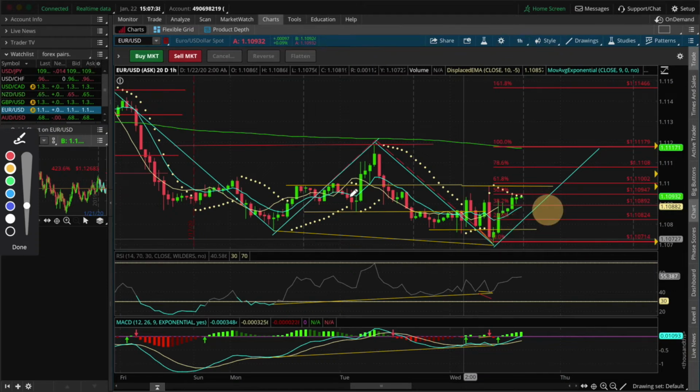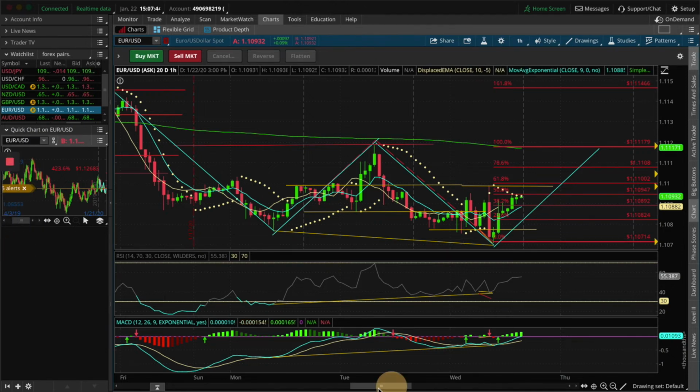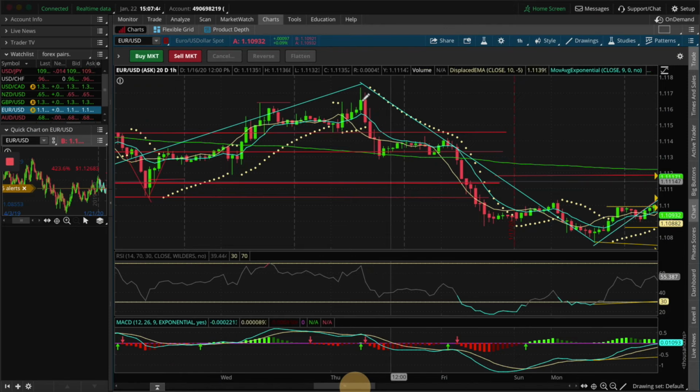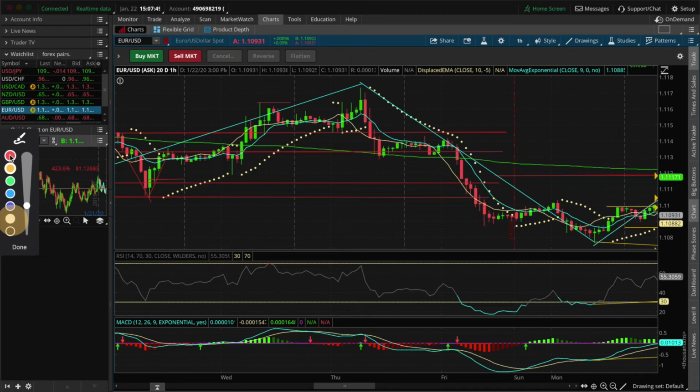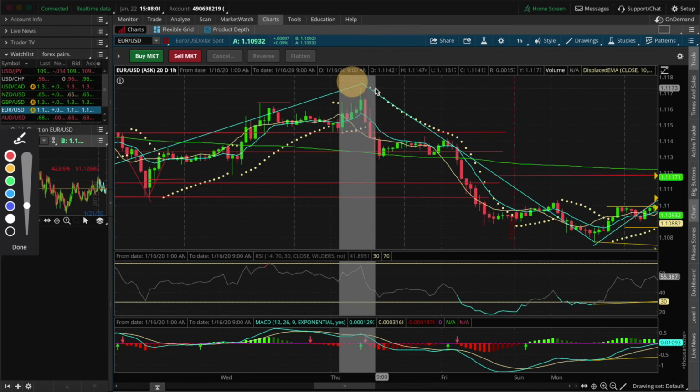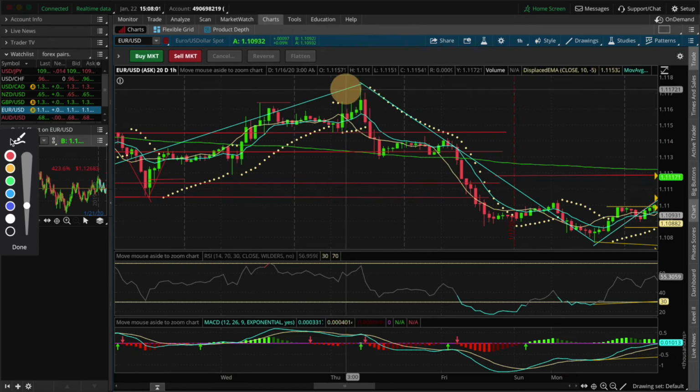So same thing if we're coming down, if we have bearish momentum, it's going to be the same thing. So we're going down.